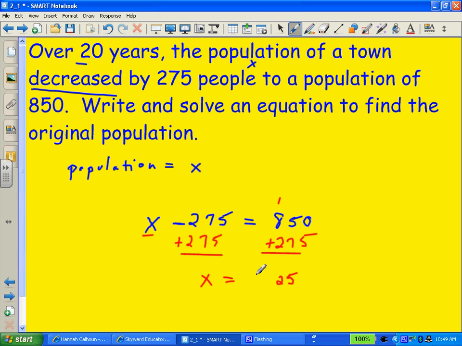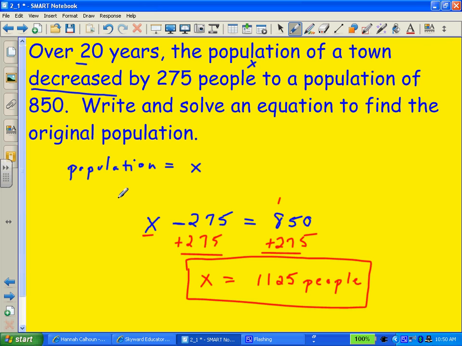So then I'm going to get, let's see, 5, 12, carry my 1, 11, 25, and we're talking population here, so we're talking people. So the original population was 1,125 people.